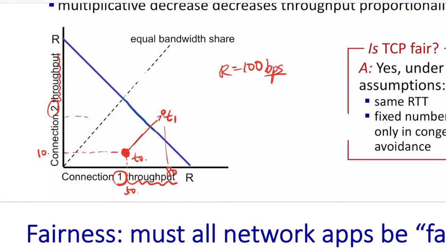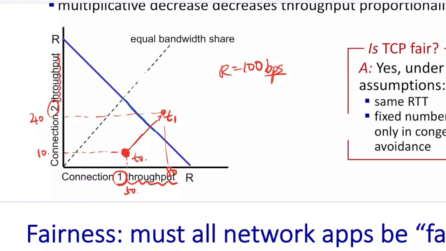And connection 2 could be 40, for example. So at T1, both senders increase their congestion window size to a certain level.